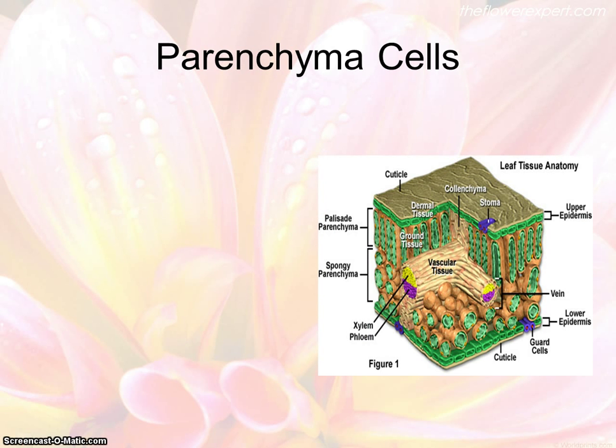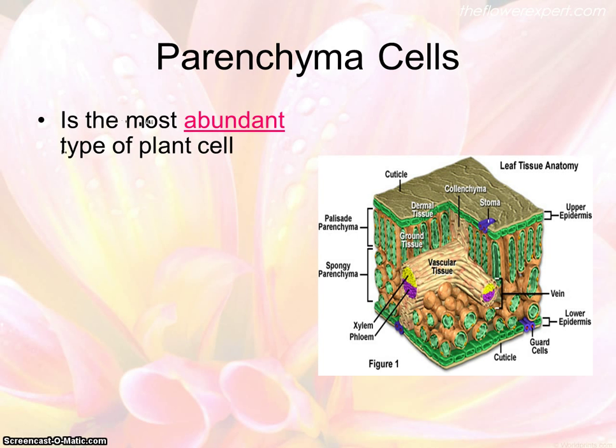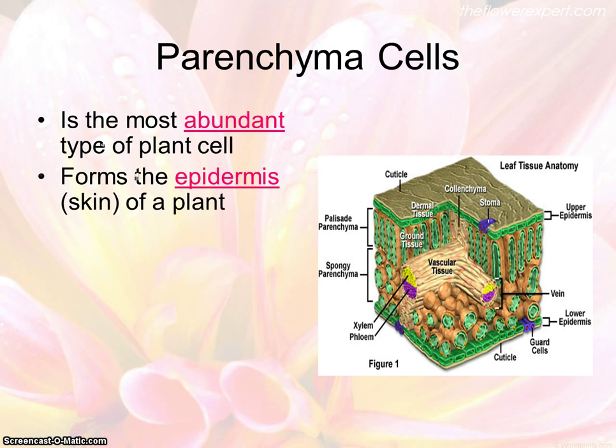Here is a nice picture of a cross section of a leaf. Okay? We are going to focus on leaf cells for a little bit, and we're going to get into these different parts. But there are types of cells called parenchyma cells. Okay, they're the most abundant type of plant cell. These parenchyma cells, they form the skin of the plant, anything from the leaf to the stem.